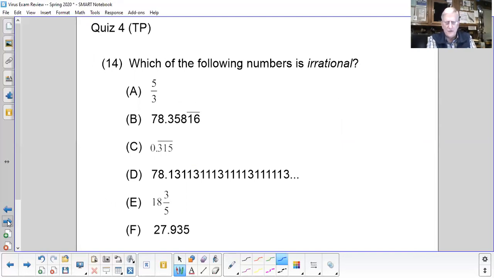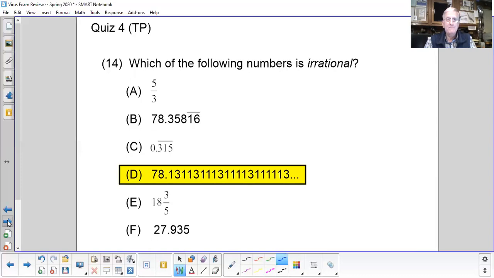Notice D has a growing pattern: 1, 3, then 2 1s and a 3, then 3 1s and a 3, then 4 1s and a 3, then 5 1s and a 3. That's definitely irrational. E, no way. It's got a fraction in it. And F is a terminating decimal, which makes it rational. So therefore, the correct answer is D.